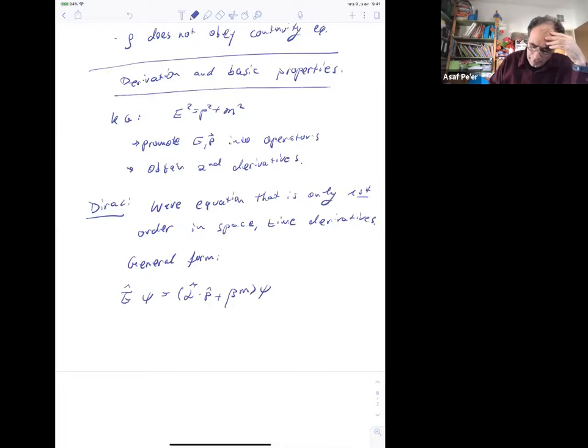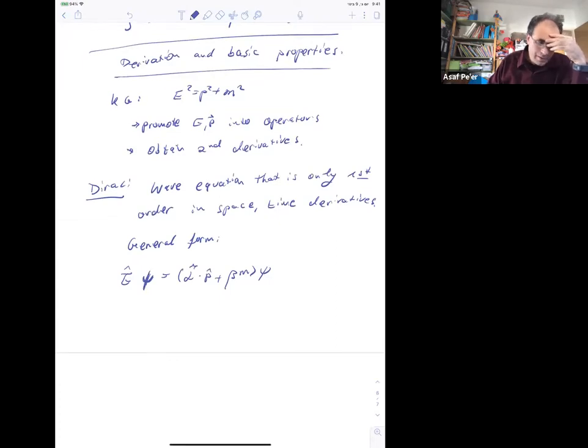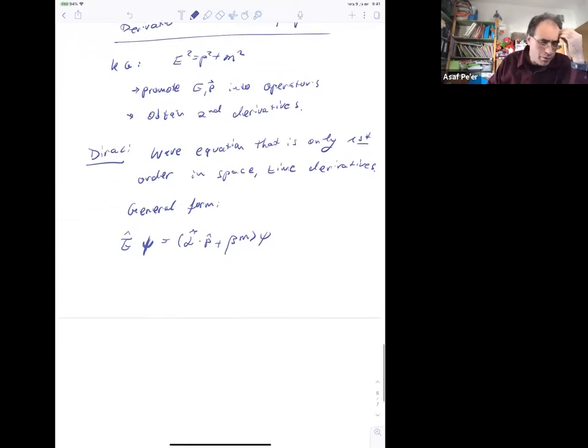If we take the energy and momentum and promote them into operators, this will lead us to first order derivatives: i d/dt psi is minus i alpha j partial derivative with respect to j plus beta m psi.